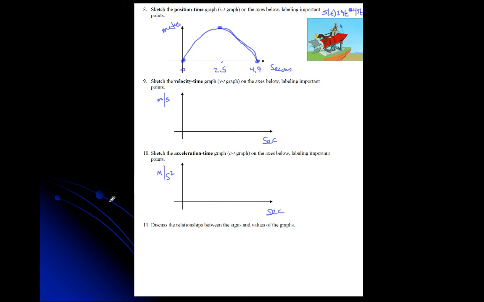So remember the VT graph, the velocity-time graph, was linear because the original was quadratic. So velocity was 24 minus 9.8t.